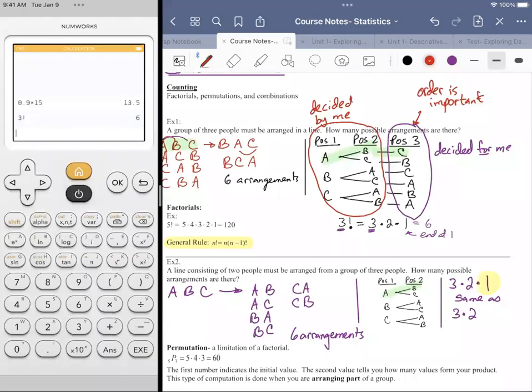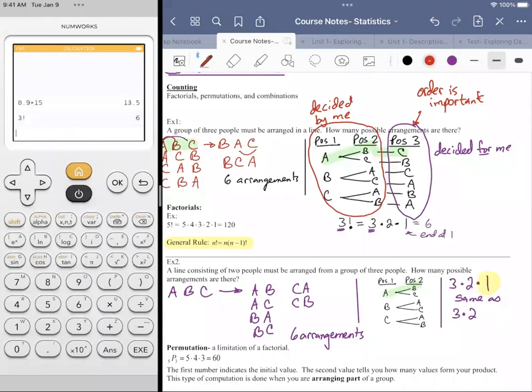So I have 3 people available. I'm going to line up 2 of them, and I'm going to ask one of them to go down to the principal's office and deliver a note. That third person is not part of the line, but it is part of the activity.